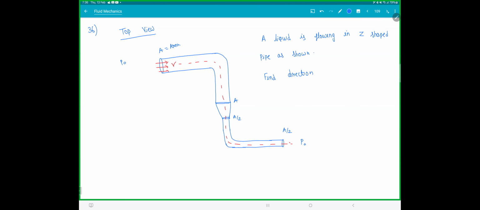Pipe will move to the left, rotate anti-clockwise. Pipe will move northeast, northwest, southeast, southwest, clockwise, anti-clockwise. These are the 4 options they'll make. So what is the tendency of this pipe to move and rotate? Meaning if there is no one to stop it from moving, on a smooth floor, let's say, which way would this pipe move and which way would the pipe rotate? Find direction of force and torque on the pipe.